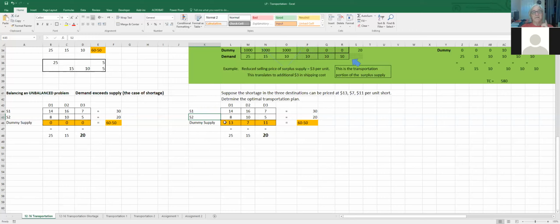And every unit is penalized. So now you have a transportation table that includes shortage costs in them, and the supply of this shortage is 10 units. And the problem now is balanced. And you solve it therefore as equality all along. And we get a solution.